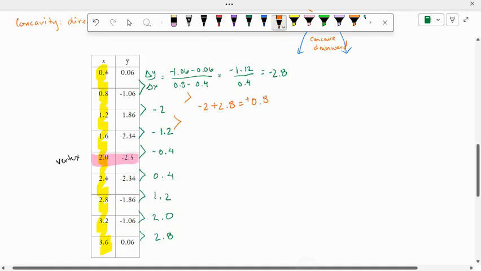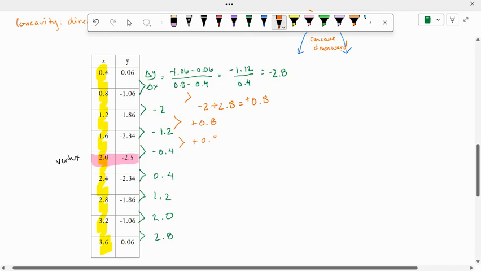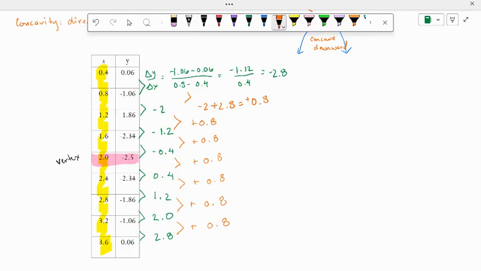And if I do the same thing here, I'm getting an increase of 0.8, again and again. So I see my average rates of change over consecutive equal length intervals are linear. So I see that this is a quadratic.